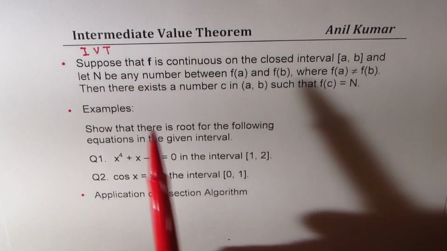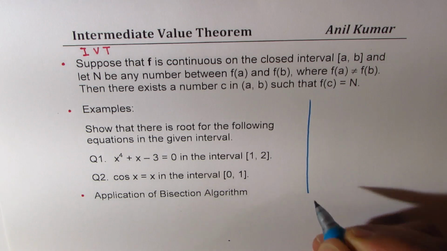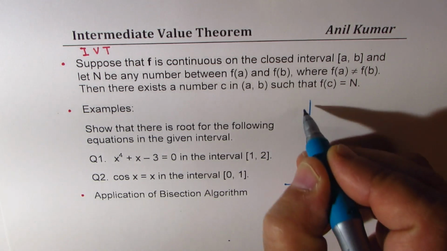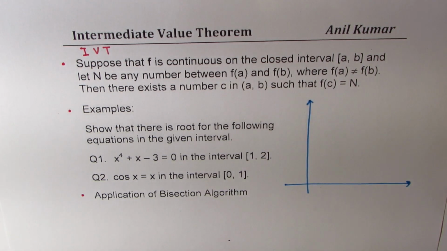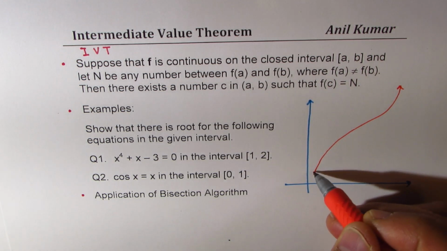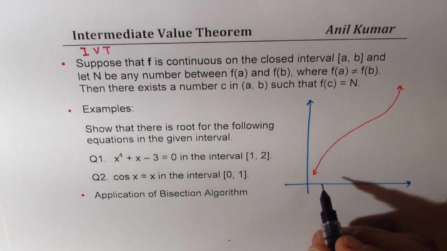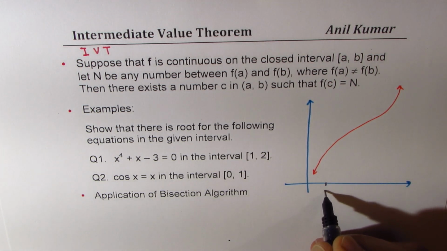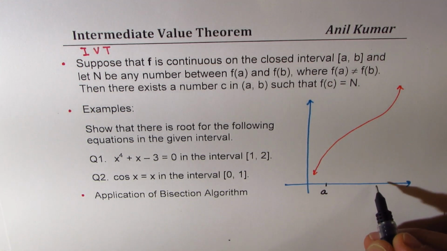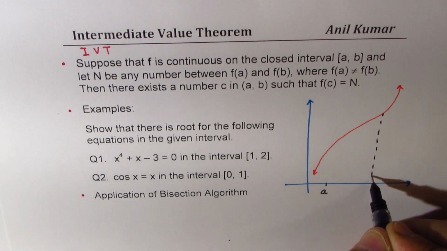So it is all about a continuous function. Let me show you what we are talking about by sketching a graph of a polynomial function. As you know, polynomial functions are continuous functions, correct? So let's say this is a polynomial function and we take up 2 points, one at x equals a, the other one at, let's say, x equals b.